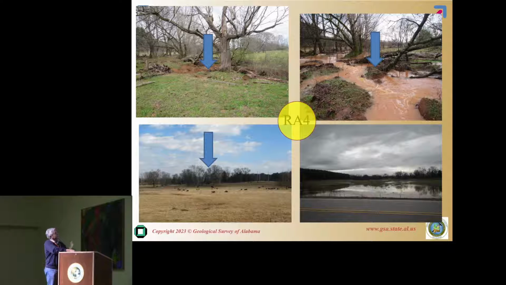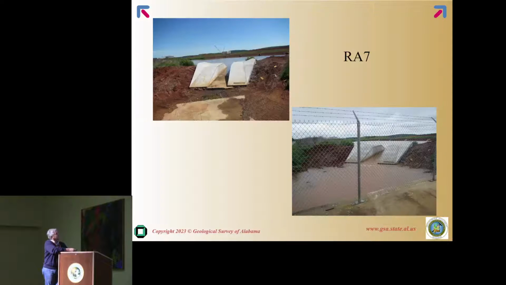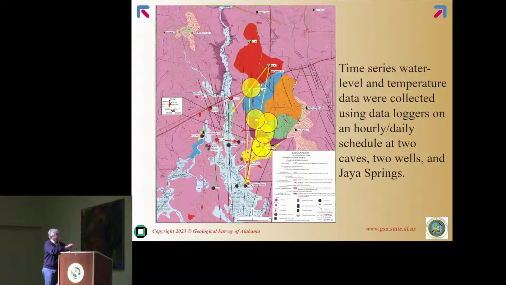Here is the same pasture field before and after the rain. Between the sinking point and the spring itself, it's about 1.5 kilometers, and I consider that it would be a good buffer zone to protect the Tuscumbia darter in that spring. Here is another example, RA7, before.